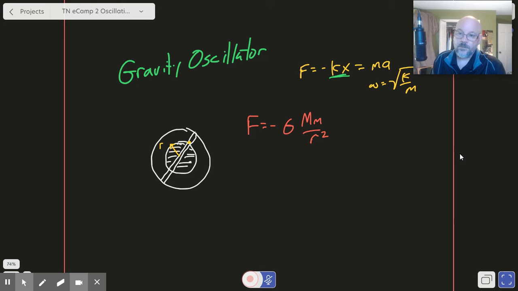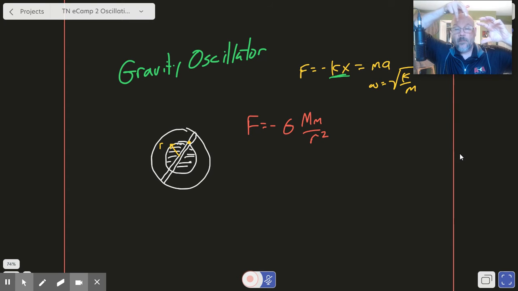Okay, now if we're in some tunnel, then that means the amount of earth below us is constantly changing. In other words, the mass below us is constantly changing. So we really need a way to talk about what's the mass under our feet, so to speak, if we're at different distances away from the center of the earth.